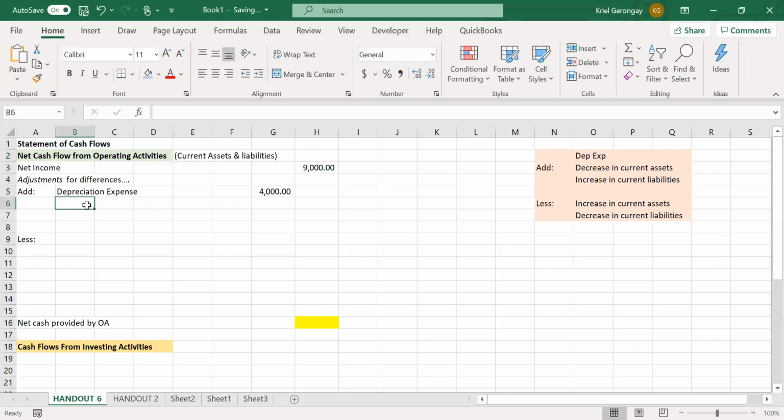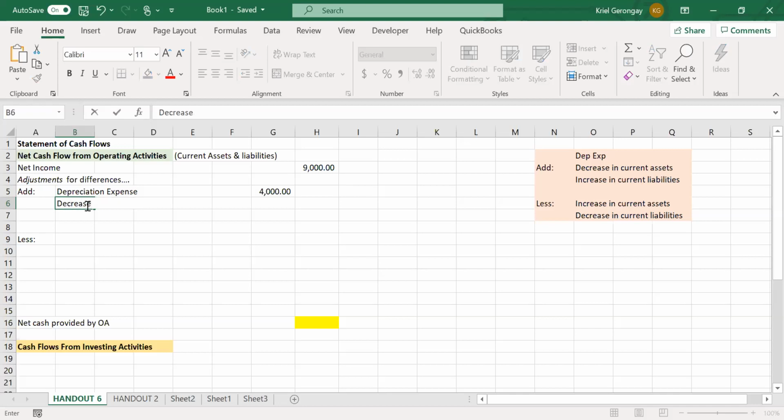All right, so moving on. If you look at the balance sheet, you'll see that from 2019 to 2020, the inventory decreased by 3,000, right? Since this is a decrease in current assets, we're going to have to add it.